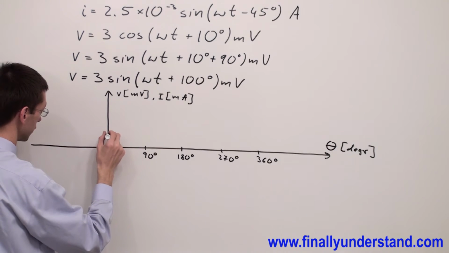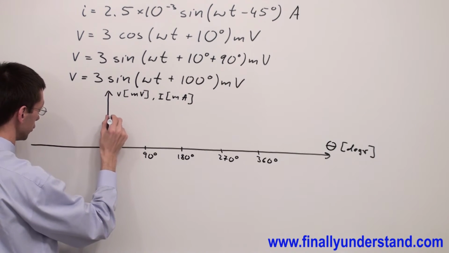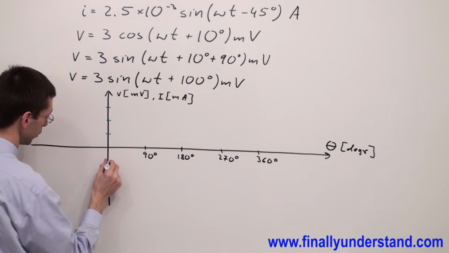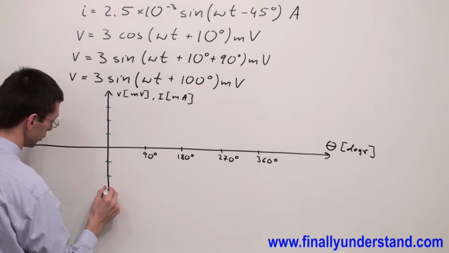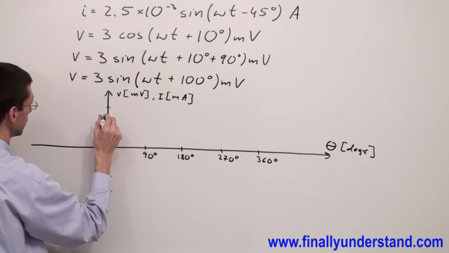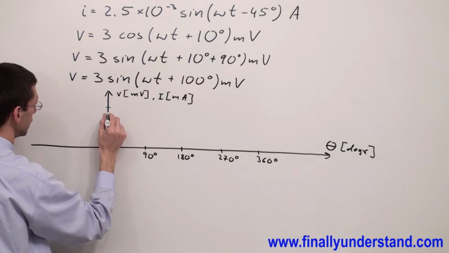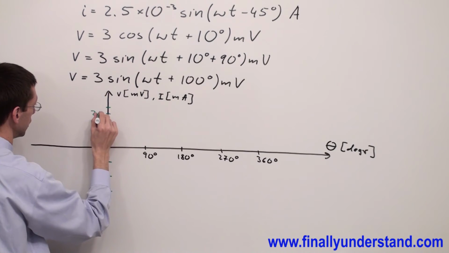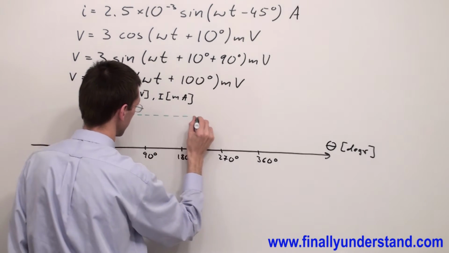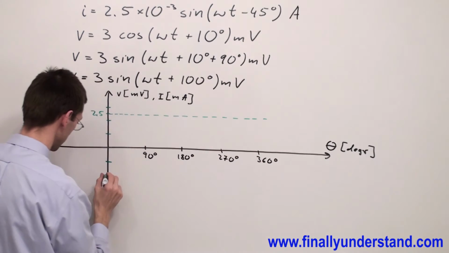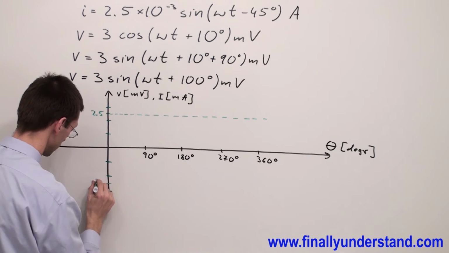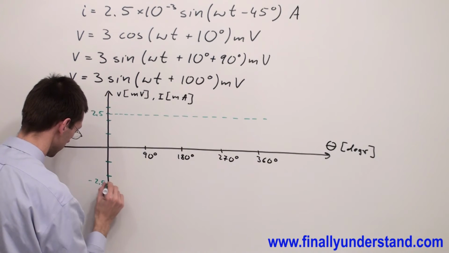That's why I'm going to have 1, 2, 3 and 1, 2, 3. My current is 2.5. So I'm going to have 2.5 over here. 2.5. I'm going to draw the dash line. And 2.5 is over here, and this is 2.5 negative.